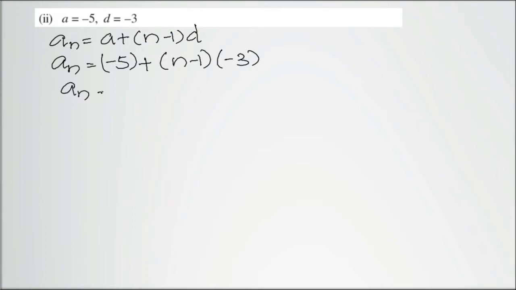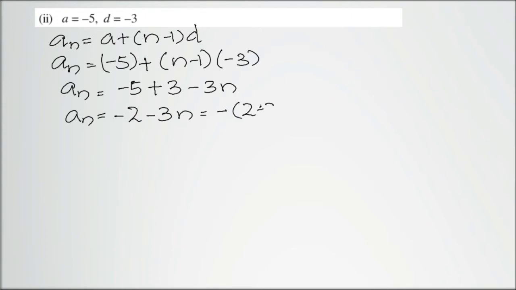On simplification, we get negative 5 plus 3 minus 3n. We get the nth term as minus 2 minus 3n, or it can be written as minus of 2 plus 3n. I have taken minus 1 common.